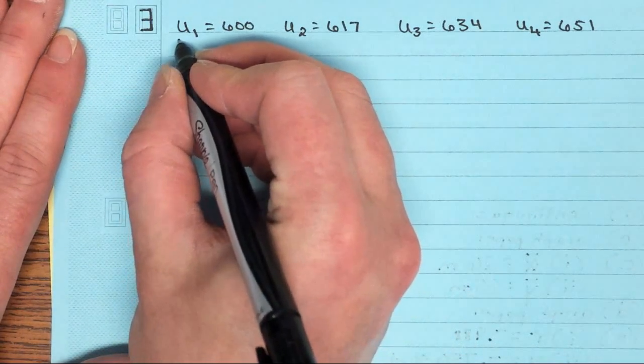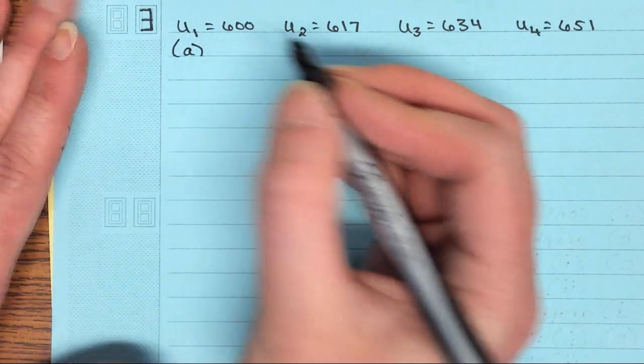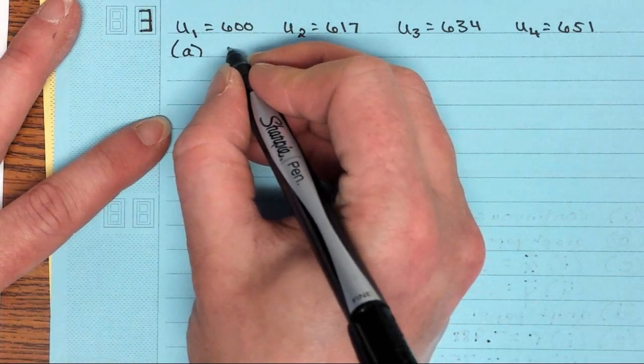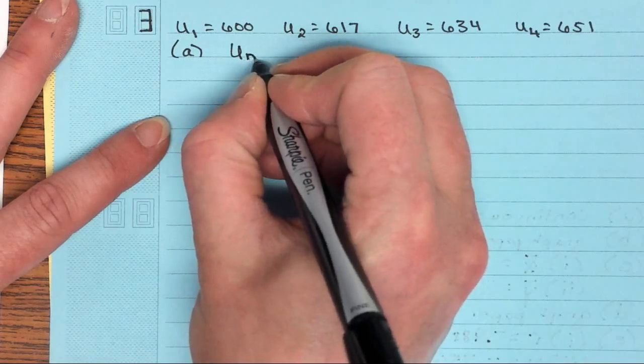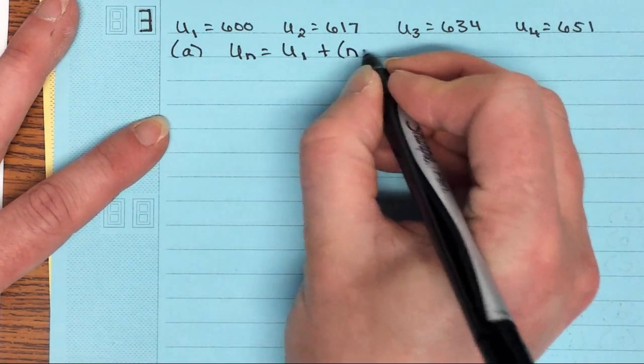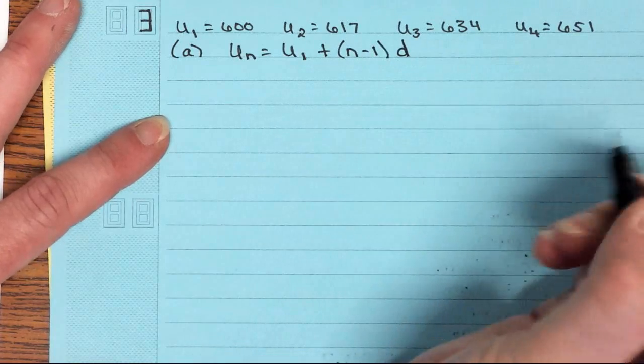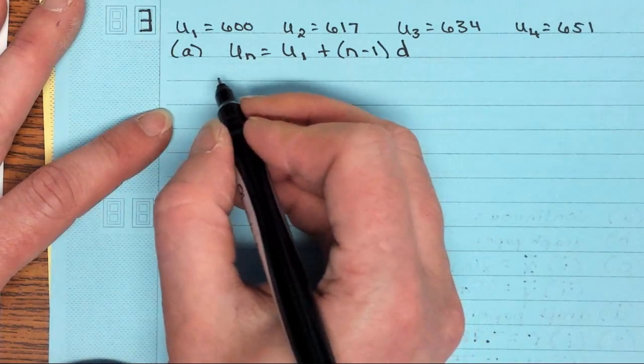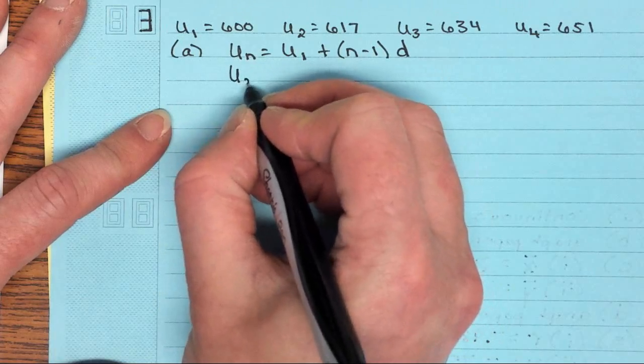So if I were doing this on part A, they don't require that you do it, but I'd copy down my formula. U sub 1 plus n minus 1 times d. So we're trying to find the 20th term.